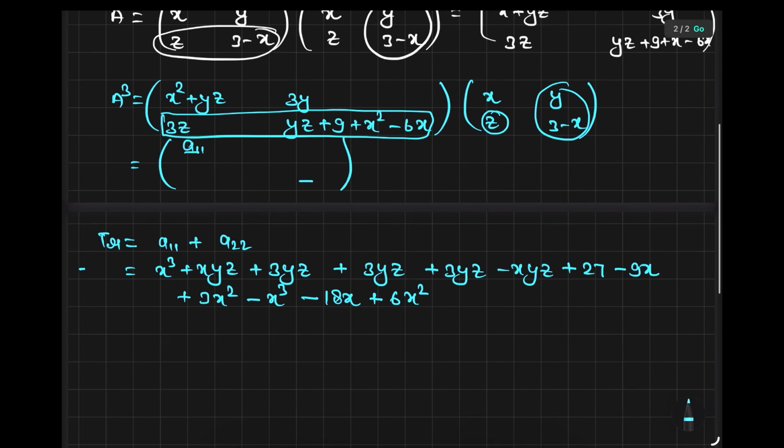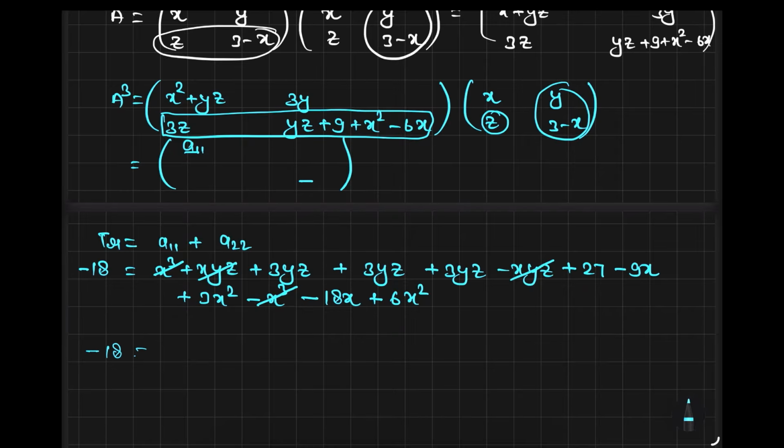So according to us the trace is this, but according to them the trace is minus 18. So let's write minus 18. Now do a little bit of simplification. So xyz is gone. Then we have yz, 3yz. The x cube is gone. Now I don't think you can neutralize anything else.